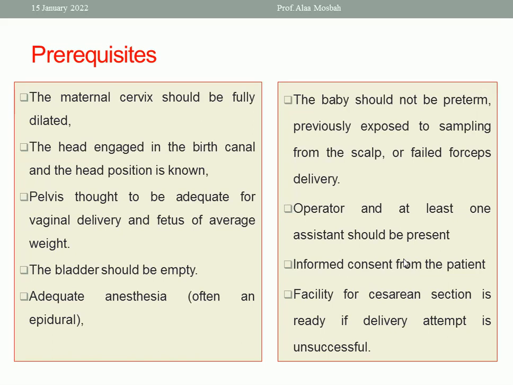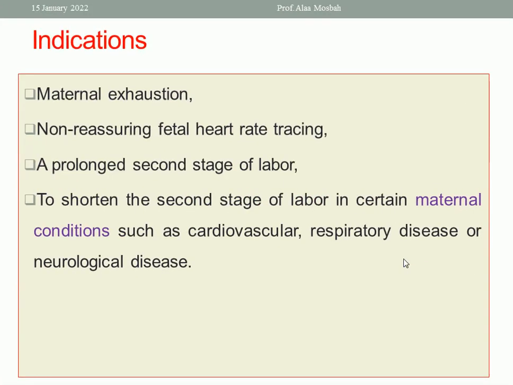Okay, these are the prerequisites. So what are the indications? Maternal distress, fetal distress, prolonged second stage of labor, or I want to shorten the second stage of labor because the woman has cardiopulmonary disease or neurological disease and so on.